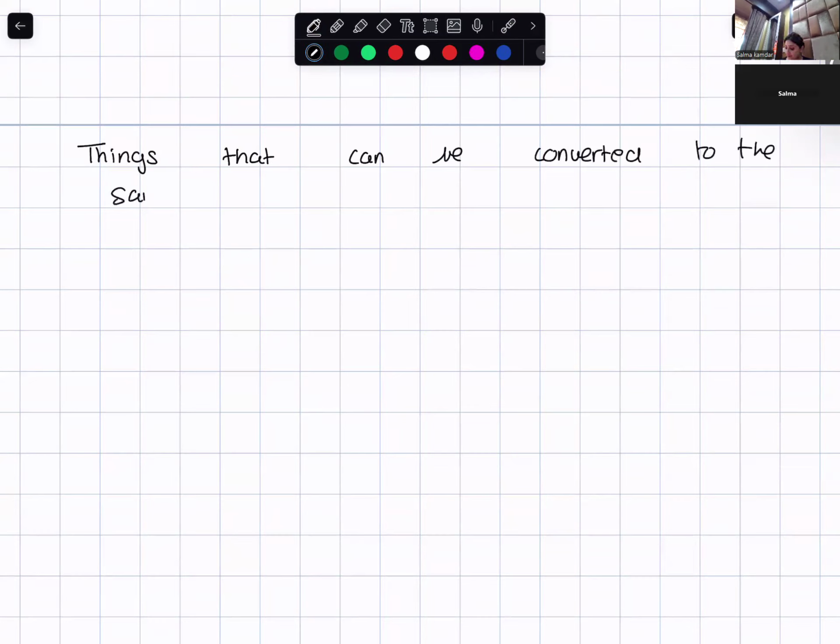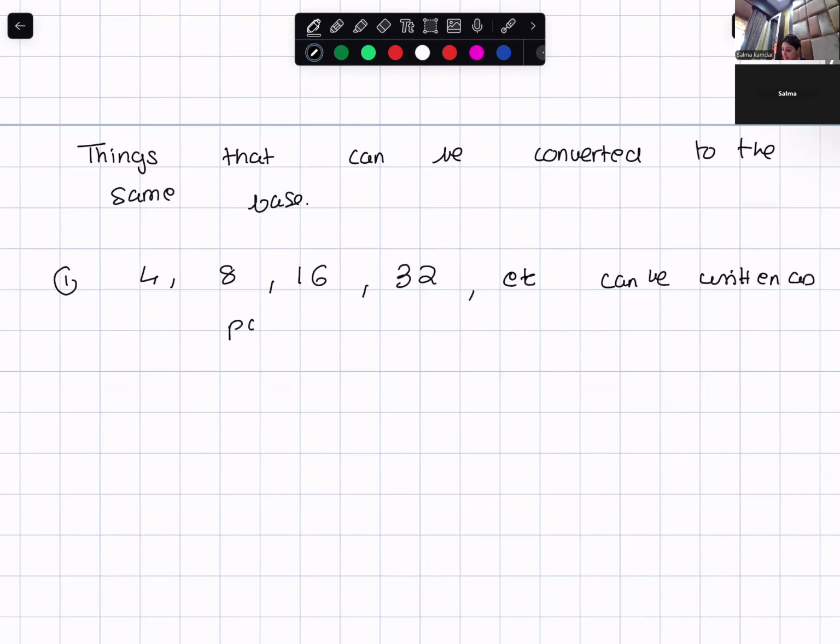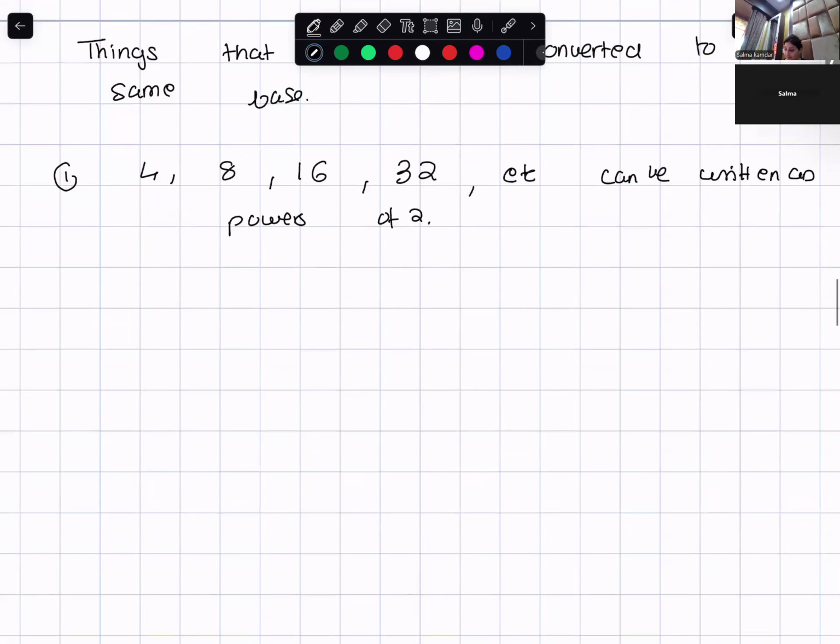So when I say that I have to convert it to the same base, the first thing I should remember is that 4, 8, 16, 32, etc., can be written as powers of 2. Similarly, second thing, 9, 27, 81.